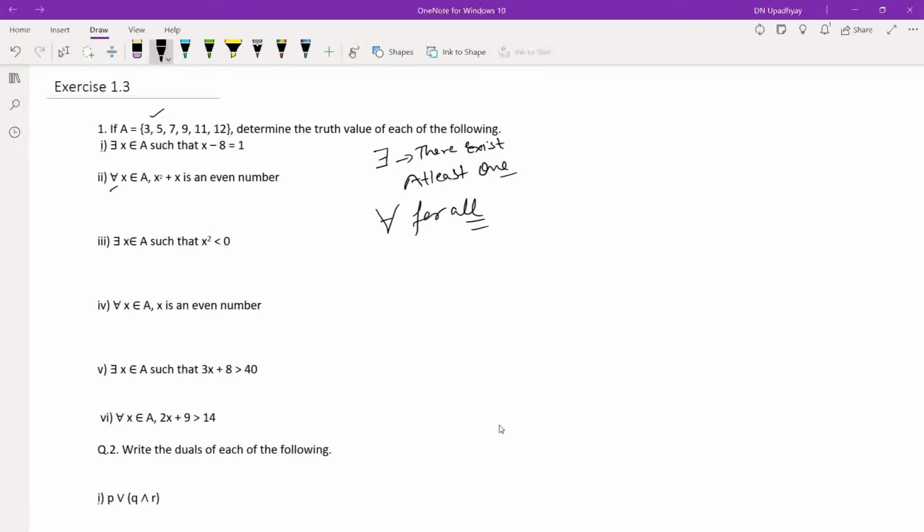Okay, so question number 1 is: there exists x belong to A, such that x minus 8 is equal to 1, where x belongs to A. So if you solve this, x will be nothing but 1 plus 8, and this will be 9.